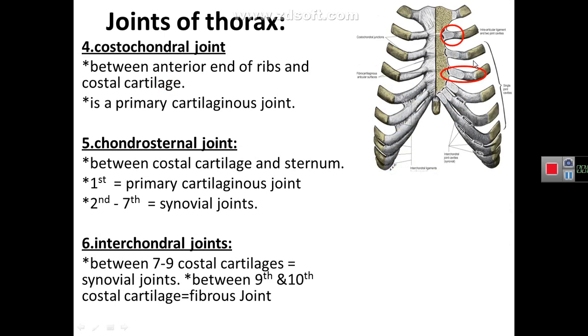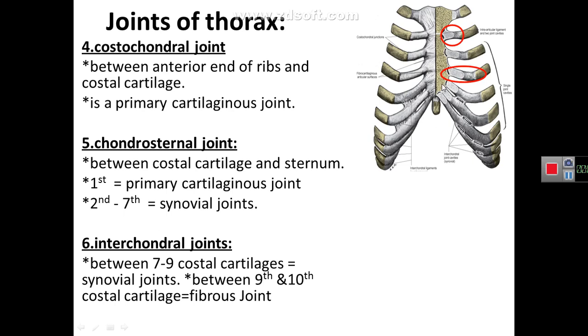Number 4 is the costochondral joint, which is between the ribs and the costal cartilages. This joint is a primary cartilaginous joint. The fifth joint of the thoracic cage is the chondrosternal joint, which is the joint between the costal cartilages and the sternum.